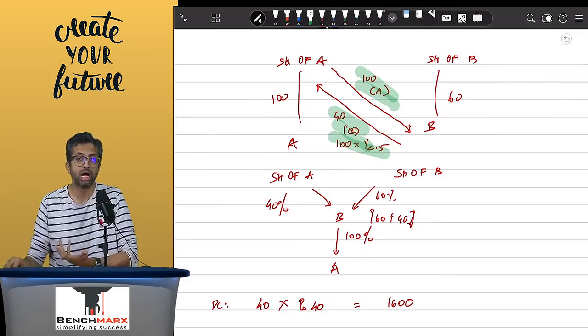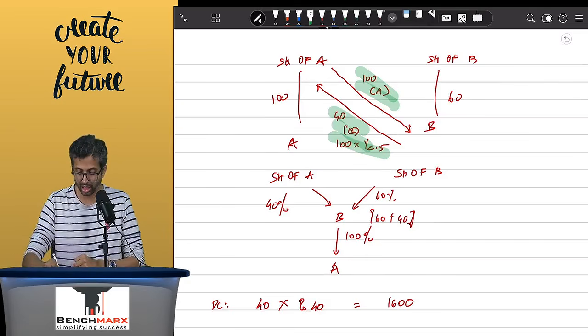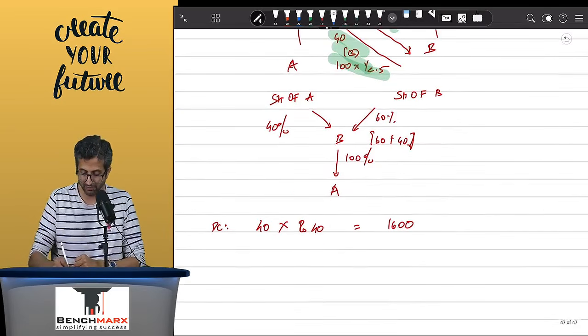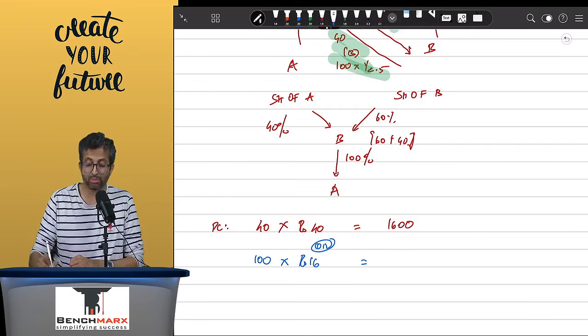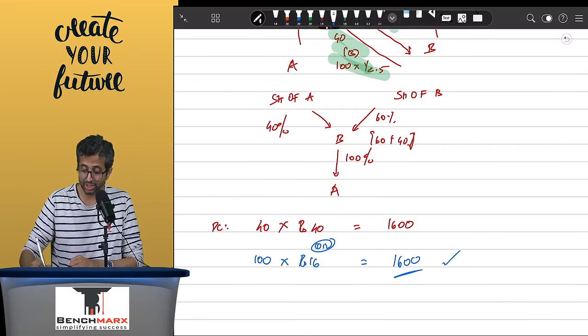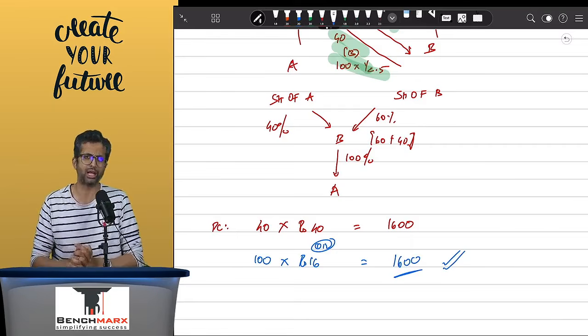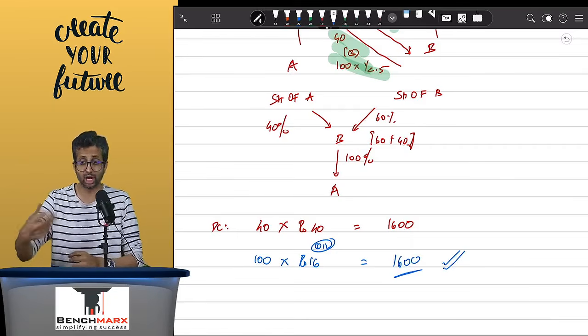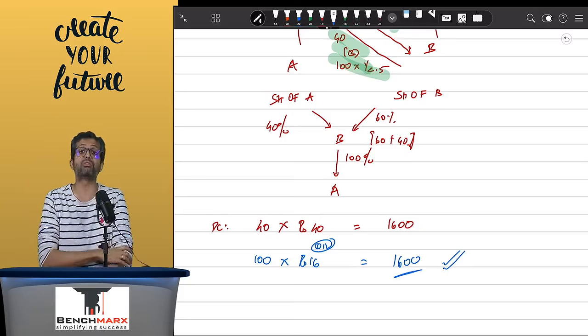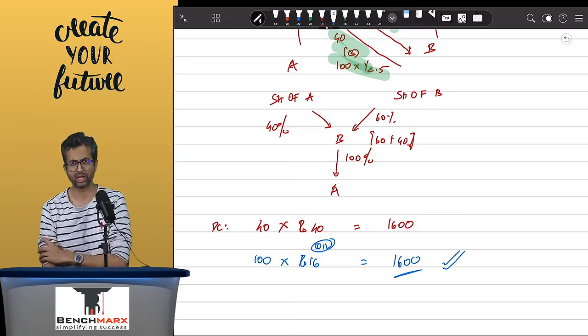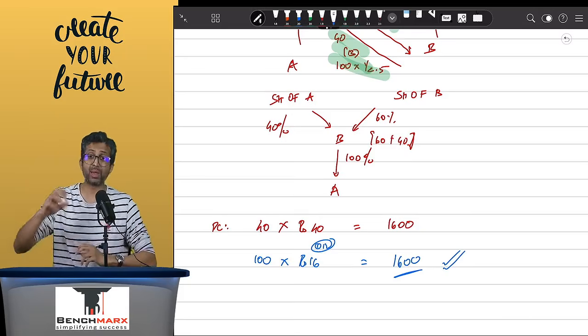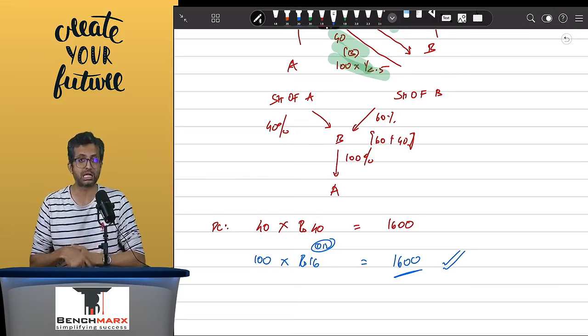Alternatively you can say 100 shares of A, which is acquired as a part of the same transaction, has a quoted market price of 16, and hence this is also equal to 1600. The Institute has selected 1600 primarily because it is based on a level 1 category input, and hence you take that. So this is your PC, payment made to the owners of the selling company, that is A.